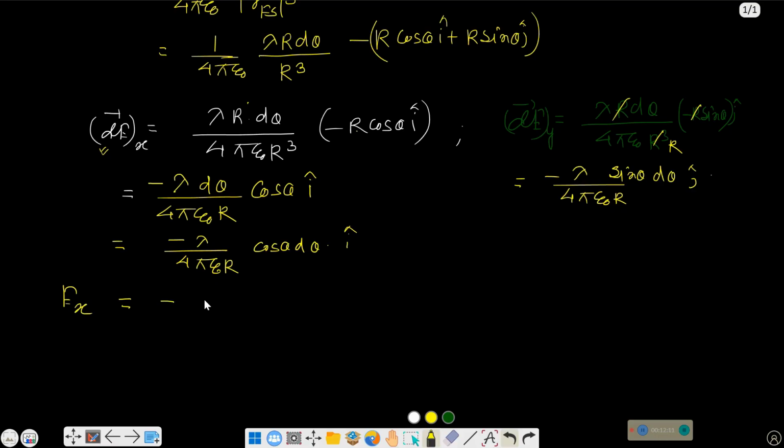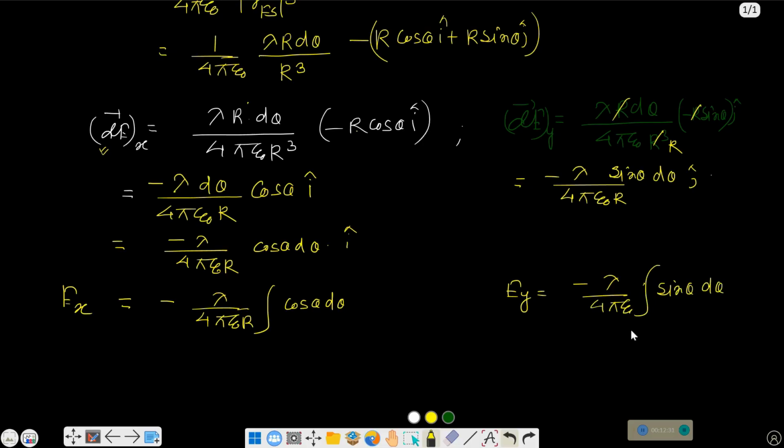If we integrate this, minus sign will be here, lambda by 4 pi epsilon naught r, this is constant, integration of cos theta d theta. Here also for Ey, if we integrate, minus of lambda by 4 pi epsilon naught r, integration of sine theta d theta. Now it is from theta 1 to theta 2. We will have the range of theta.